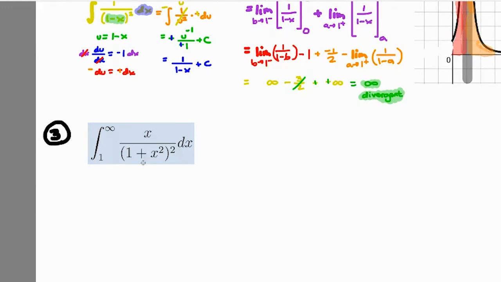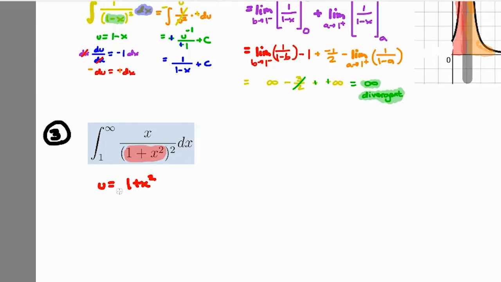So in order to do that, I have to find the antiderivative. I'm going to use U substitution, like I kind of already said. And your U is going to be the most buried function in there. So I'm going to say my U is equal to 1 plus x squared. Okay, always do that. Your U is always going to be that most buried function 99% of the time. Okay, always try that one first.